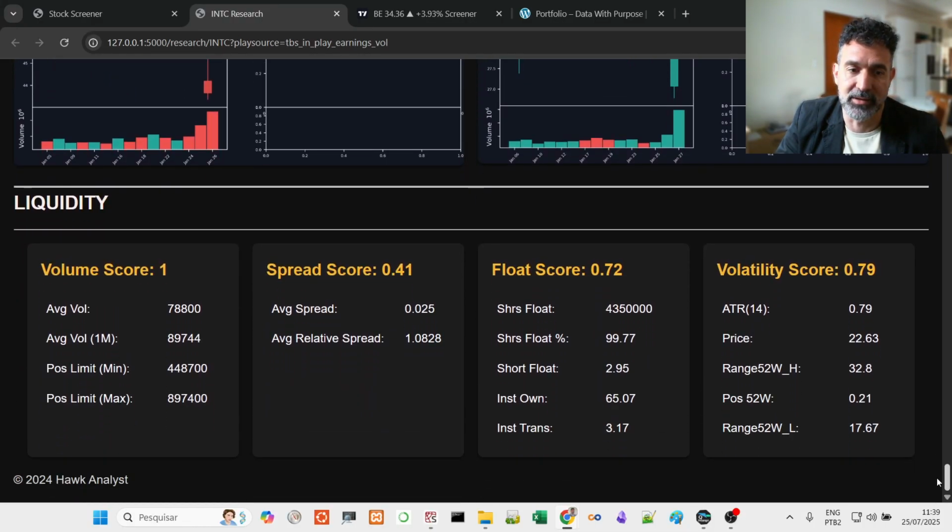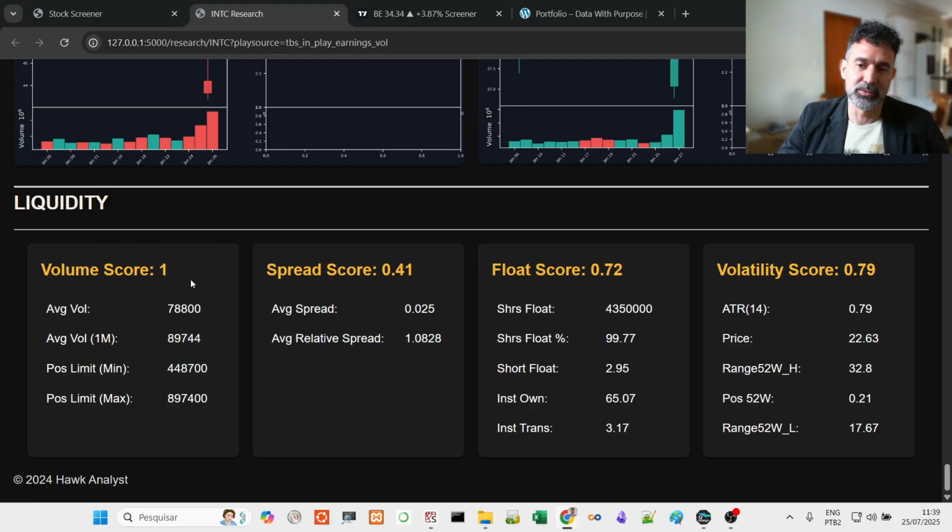And in the end here, we have a liquidity score based on volume, the calculated spread, the float, and this is shares floating, percentage floating. So with this information, I upload this to a spreadsheet when I'm doing the research.